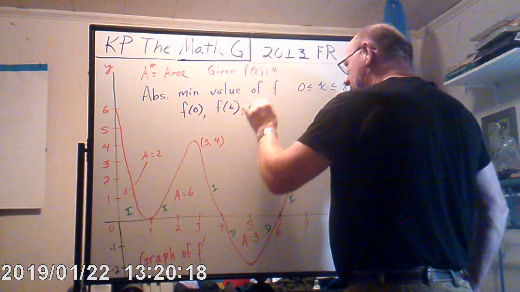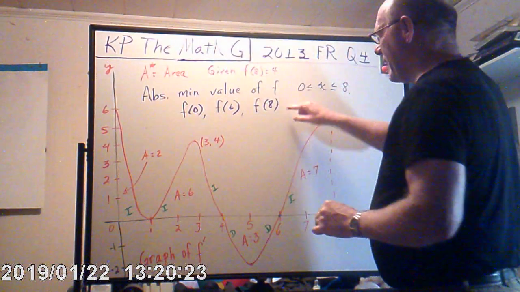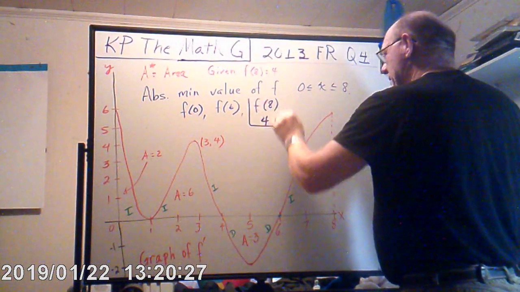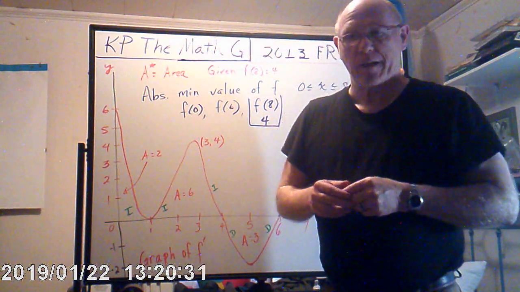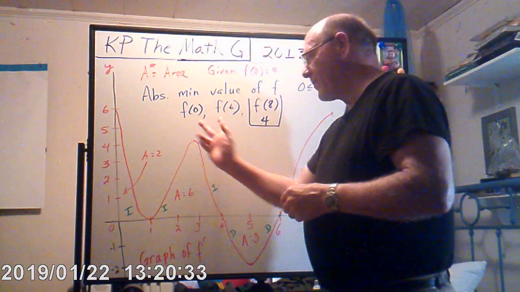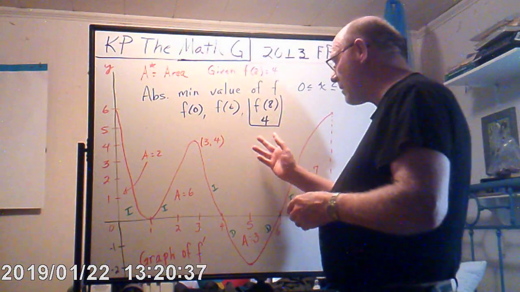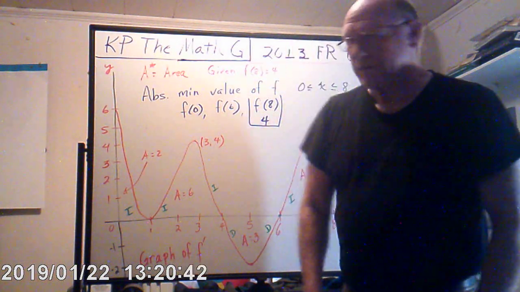And we also need to look at f at 8. But we're given that f at 8 is 4. So we already know what F at 8 is. F at 8 is 4. Okay? We just need to find F at 0 and F at 6. It's going to involve F at 8 on both of these. So let's examine how we do this.